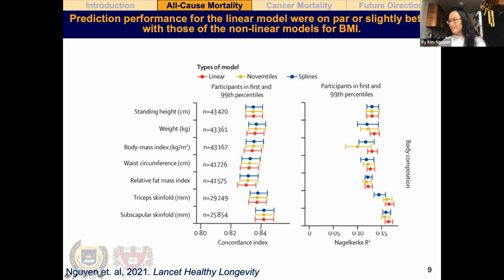So let's take a look at the consequences if we went with a linear model when studying the association between body mass index and mortality.